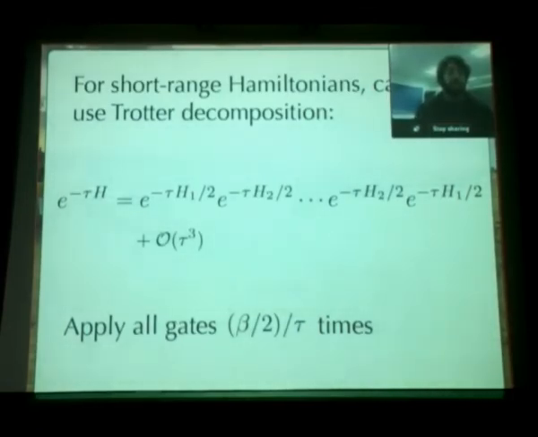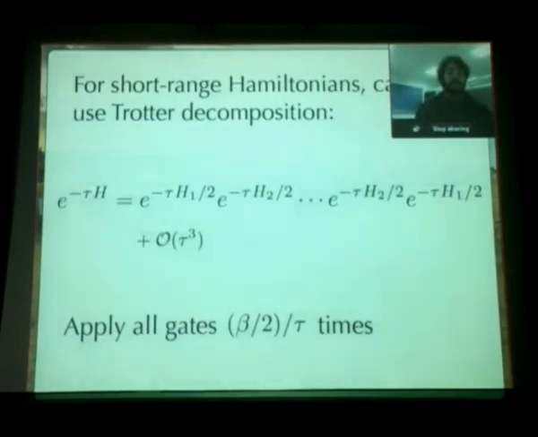H1 would be the term S dot S connecting spin 1 to spin 2, H2 would connect S2 dot S3, and there'd be H3, S3 dot S4, with nearest neighbor interactions. So take beta over 2, and you can chop it into even smaller pieces, where tau would be some small number less than 1, 0.1 or something.